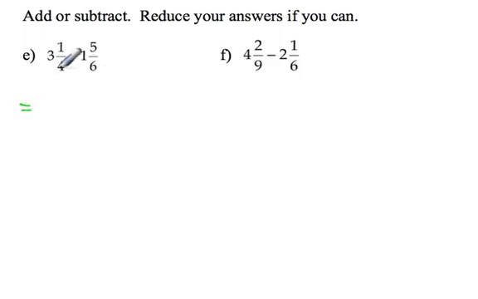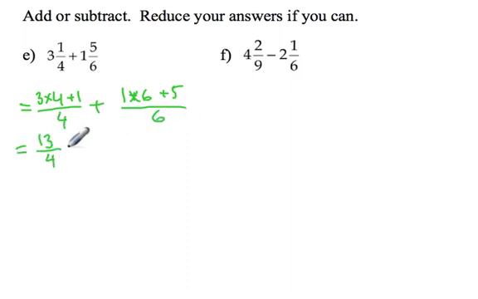So 3 1/4, if I change to an improper fraction, is 3 times 4 plus 1 over 4, plus 1 times 6 plus 5 over 6. That equals 13/4 plus 11/6.